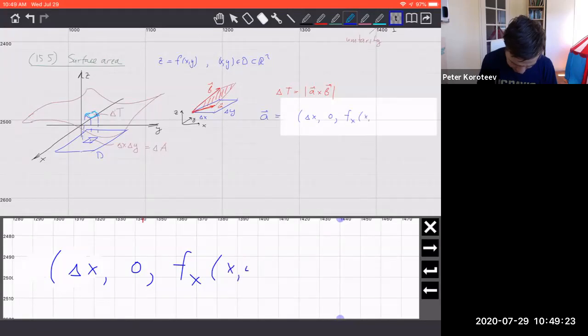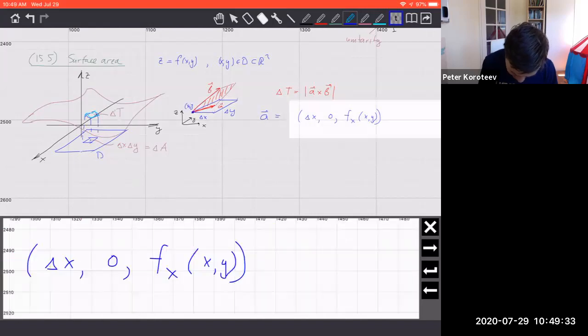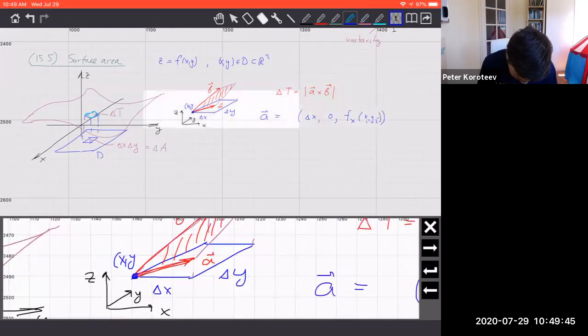So let's call this point xy. In fact, we should label it, because we want to sum. Let's put it x_i, y_i. And here it's also labeled x_i, y_i, right?